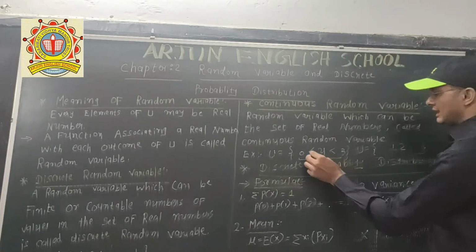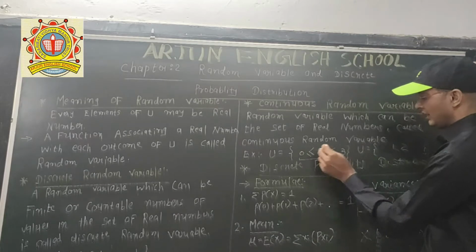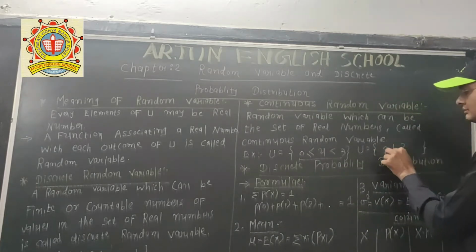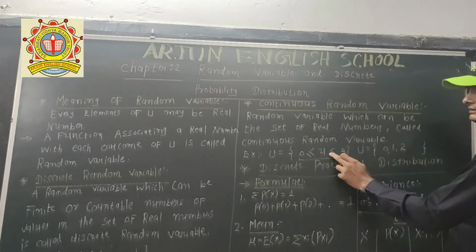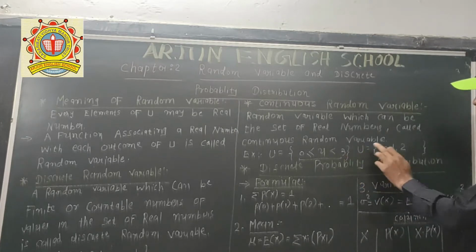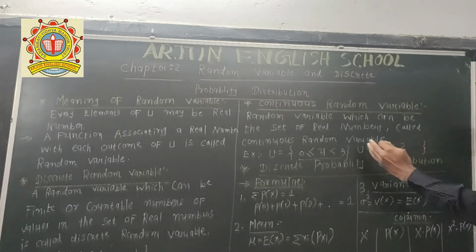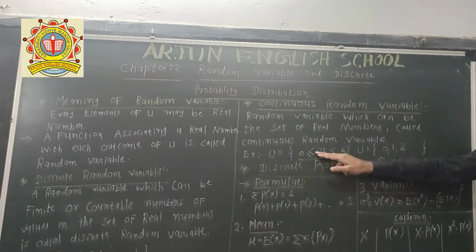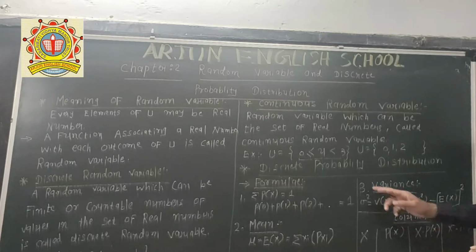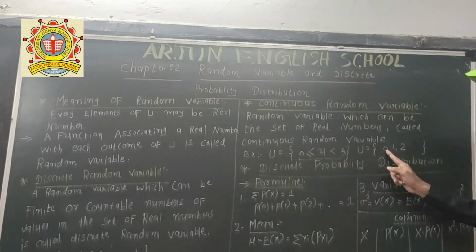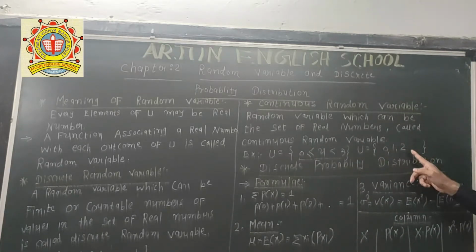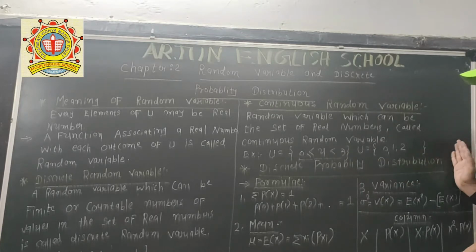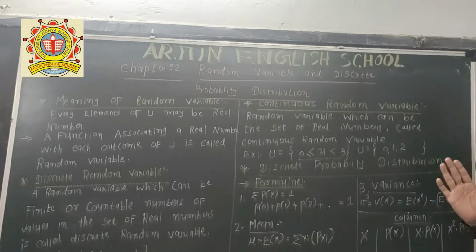This sign means that we have to include the value, and if this sign is not present, it means we have to exclude that value. Okay, here 0 less than or equal to u less than 3 means now our answer will be 0, 1 and 2. We have to ignore the 3. Got it?